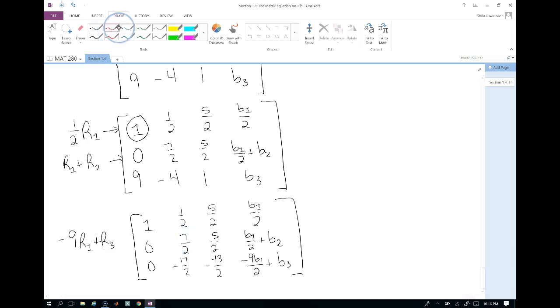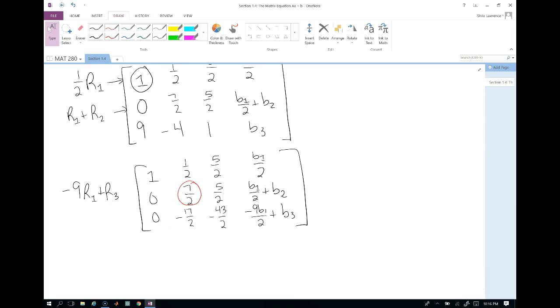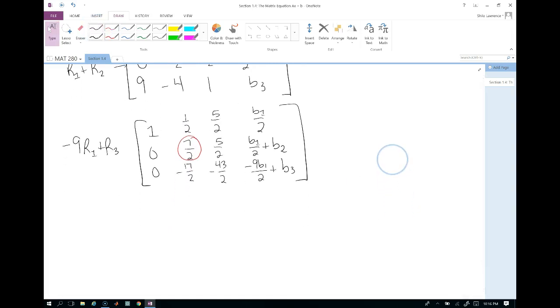Now we want to get a 1 in the first non-zero entry of the second row, and that's going to be our next pivot position. So to do that, I've just got to multiply by 2/7. And when I do it on the B entry here, in the last entry of that row, I'm going to multiply the 2/7 to both pieces.